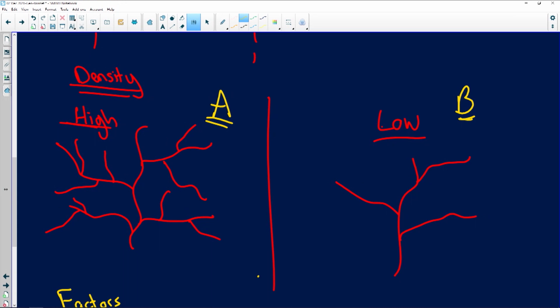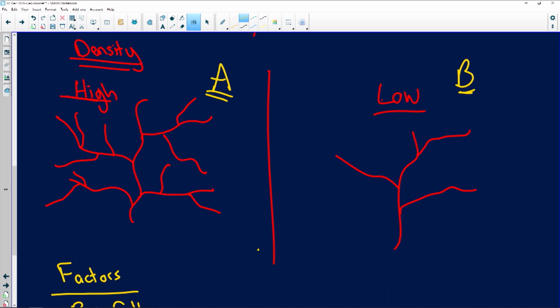Now, if you look at the high density, we talk about impermeable rock. Impermeable means it doesn't allow the water to infiltrate. So what's it going to promote? High density. The water is rather going to be on top of the surface. With a low density, what happens? We say the rock or the soil is permeable. It allows the water to infiltrate.